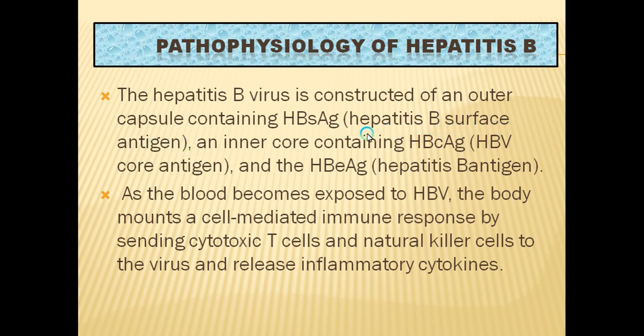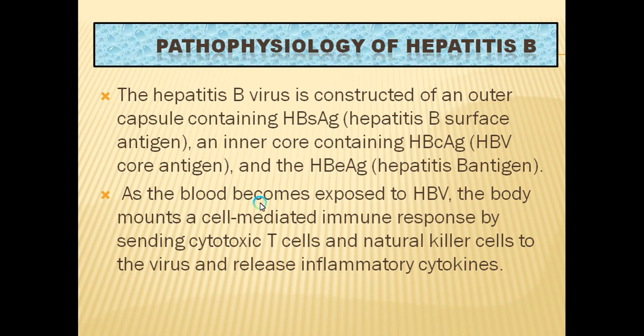Inner core containing HBcAg, that is HBV core antigen. So S stands for surface antigen, C stands for core antigen, and then we have HBe antigen, that is hepatitis B e antigen. Okay, so these are the parts of hepatitis B virus.